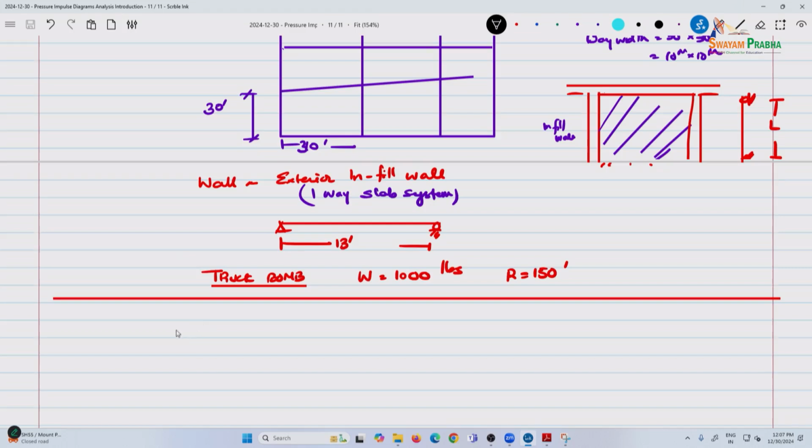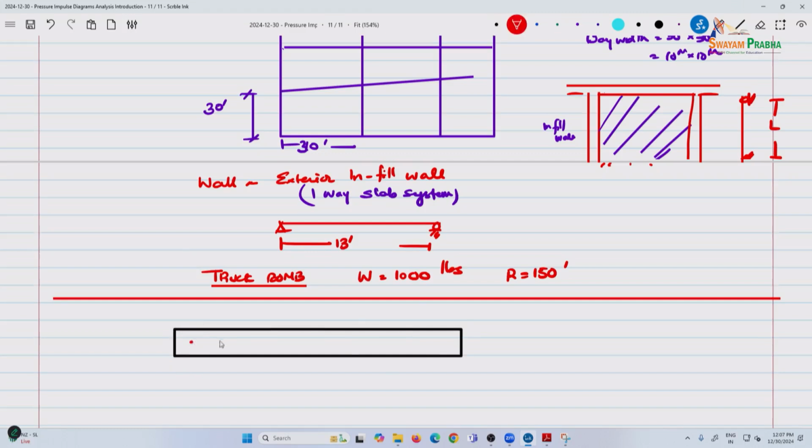So the wall details: walls are typically reinforced. You can reinforce anyway, but a wall like this is typically reinforced, especially if it is bending. So this is 1.5 inches clear, this is 8 inches, and this is 1.5 inches, and these bars are what are known as number 4 at 6 inches center to center.